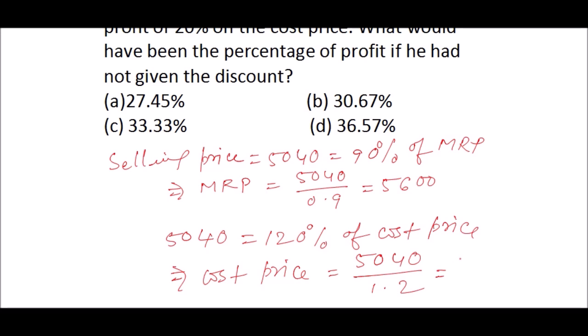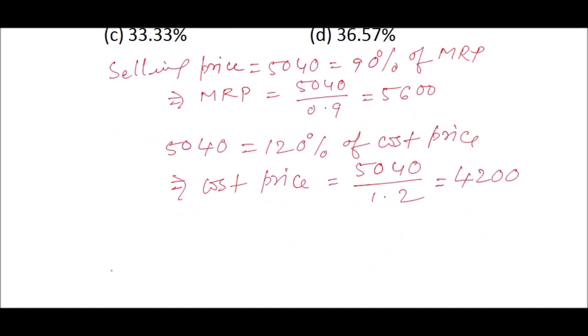That gives you 4200 rupees. Therefore, we found both the maximum retail price and the cost price. Now our intention is to find out, if there is no discount, that means you will be selling at the MRP value, that means 5600 rupees. Therefore, 5600 is how much percentage of cost price?